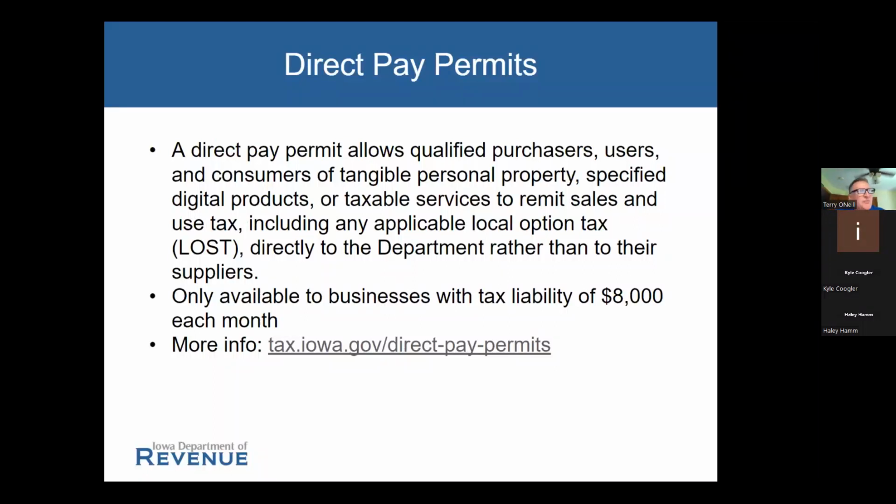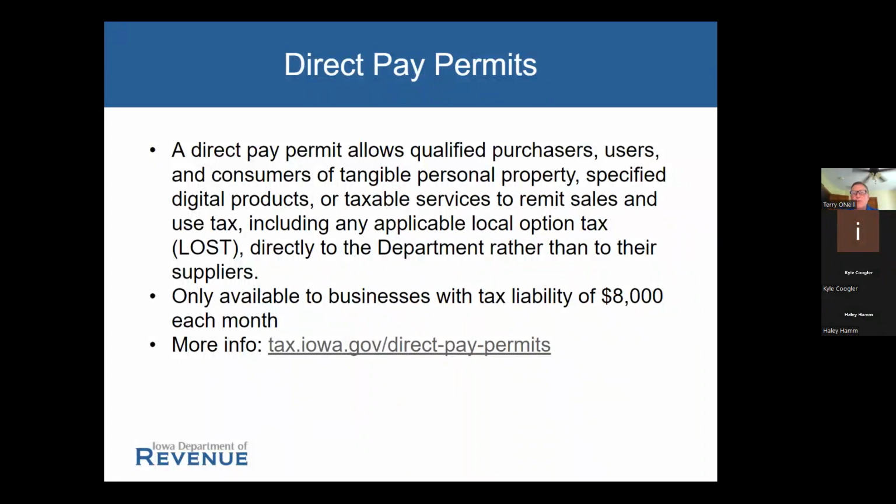Another permit type that I wanted to mention to you, and this is something that's not terribly common. As far as I'm aware, I think there's approximately 30 of them, give or take a handful, but there are direct pay permits.